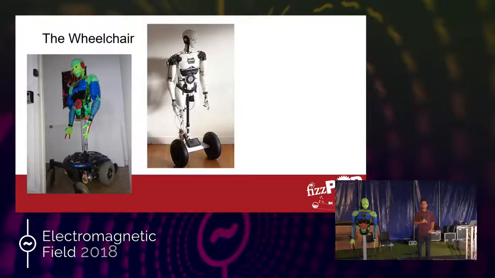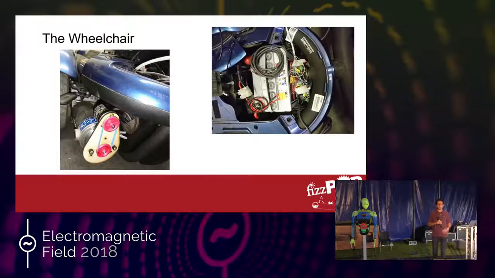Now, wheelchairs are designed to be controlled by a controller in the arm of the chair, not by a computer. So in order to control it by a computer, first of all, I had to add encoders to give feedback to the controller to tell it how fast the motors are moving. In this design, a wheelchair has two motors on either side controlling two wheels, which is called differential drive.